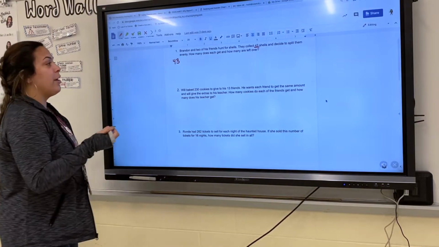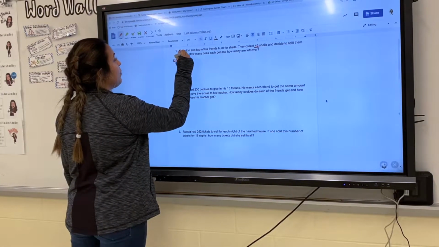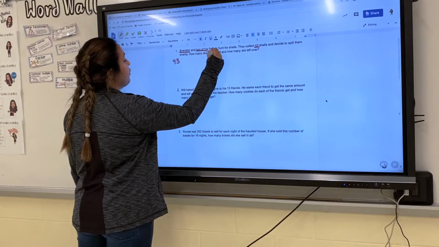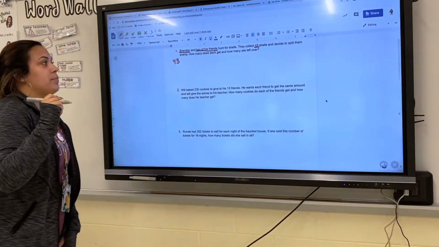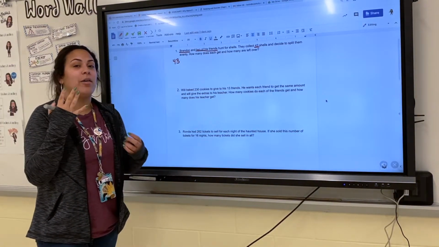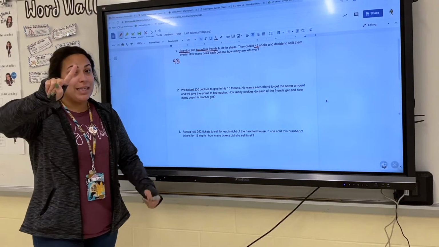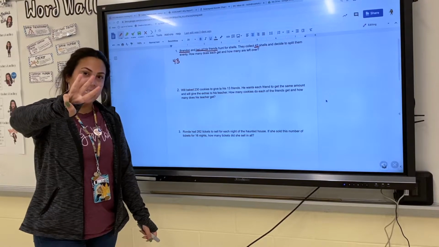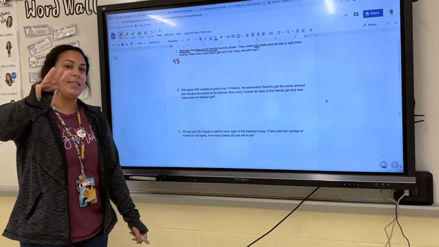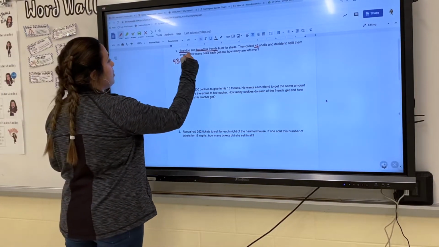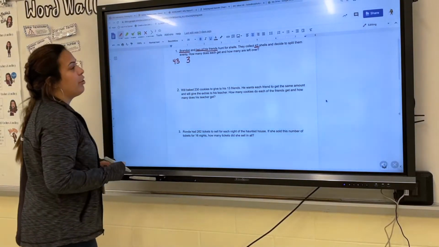And another part I know says Brandon and 2 of his friends. So if I want to figure out what the other number is, it's going to be Brandon and 2 of his friends, so it's going to be 3, because that's 3 people. So I have 43 and 3.